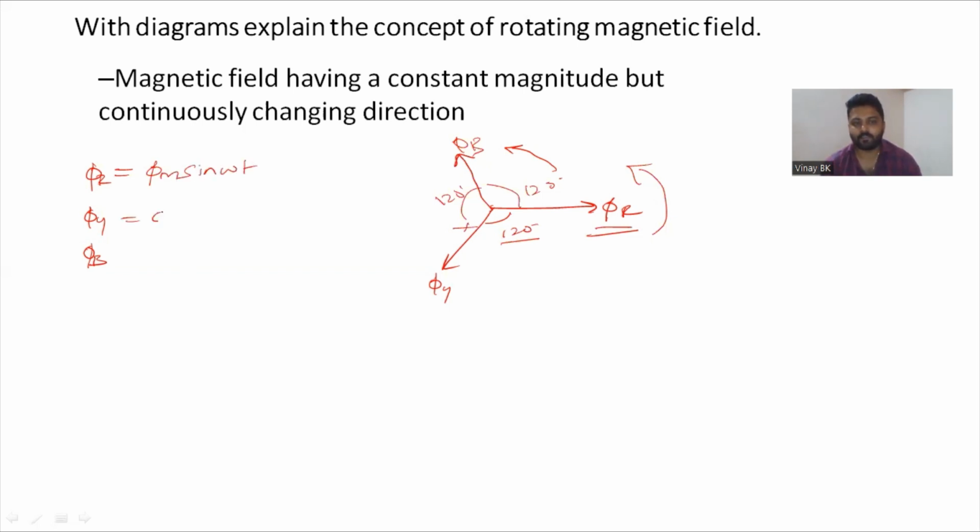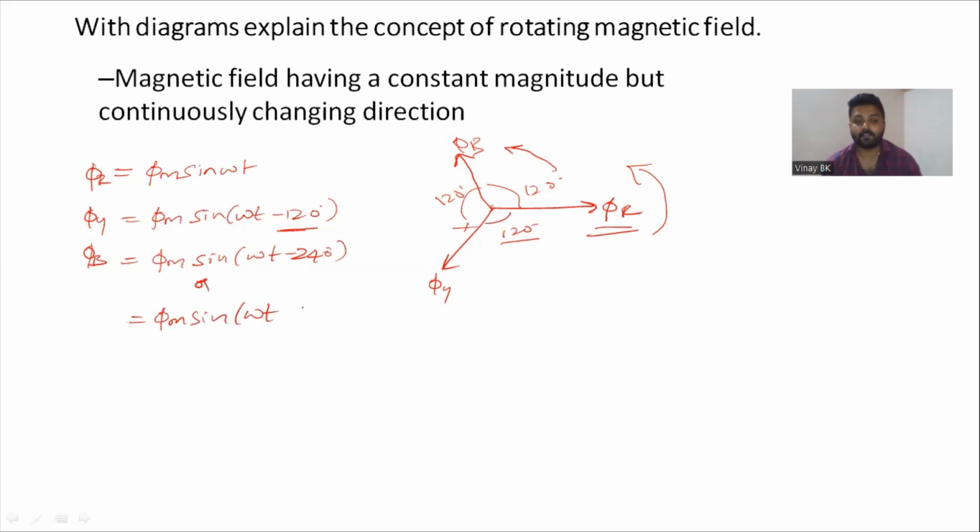Similarly, phi Y is phi M sine omega t minus 120 degrees, as phi Y lags phi R by 120 degrees. Similarly, phi B is phi M sine omega t minus 240 degrees, since phi B lags phi R by 240 degrees, or you can write it as phi M sine omega t plus 120 degrees.